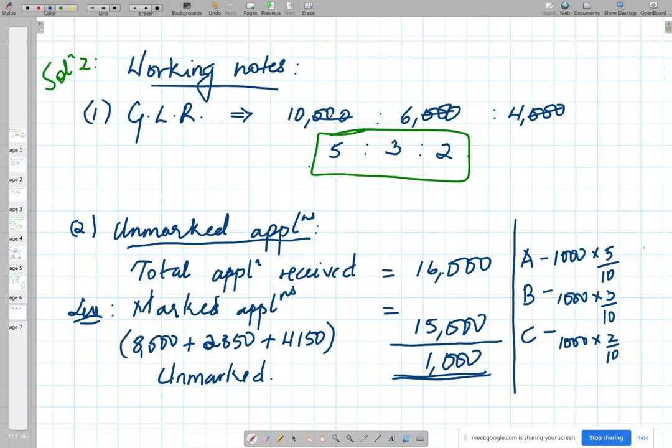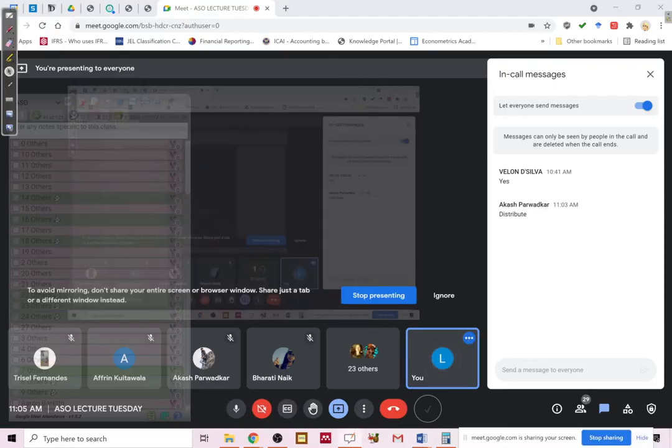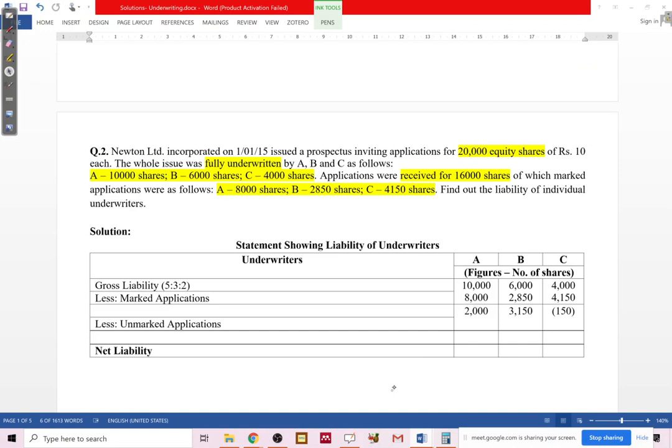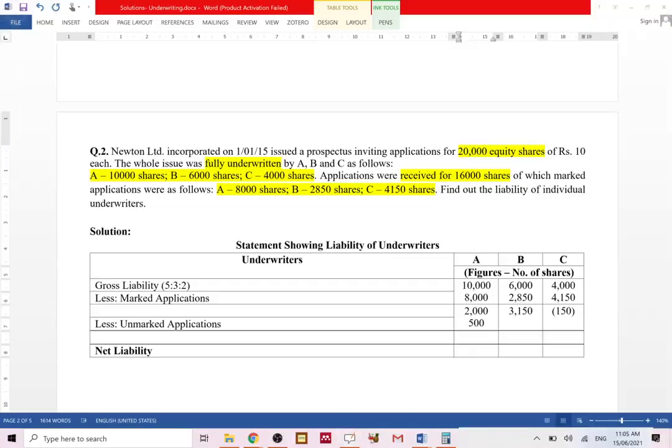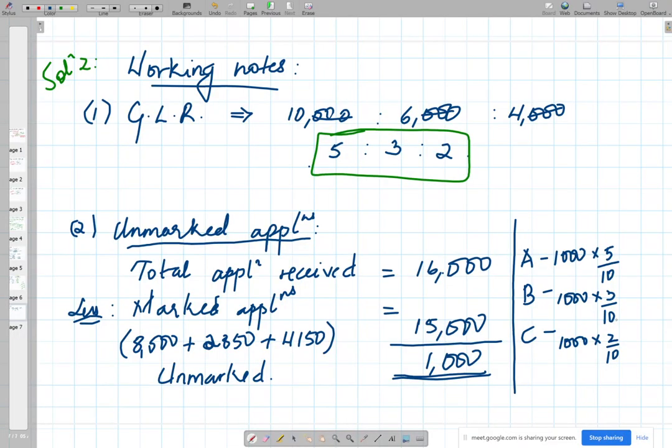Fine. So let's see, first one, 1,000 multiplied by 5 divided by 10, you get 500. Let's show it over here. So the first one gets 500 as per his liability. Then what will be the second one? Second is 3 by 10, right?